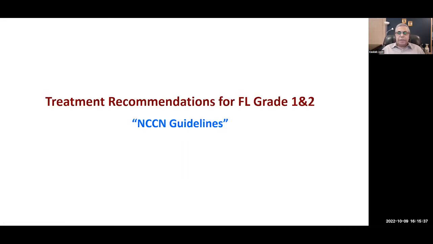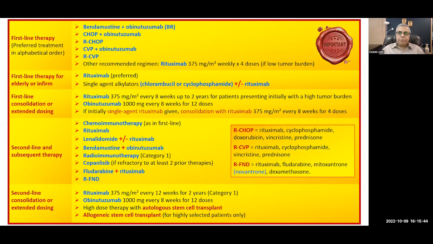Now, treatment recommendations for follicular lymphoma, grade 1, grade 2. Again, this is a quick review. And again, this is a table which gives you all the treatment options for first-line therapy, for elderly or infirm patients, first-line consolidation or extended dose therapy, second-line and subsequent therapies, second-line consolidation or extended dose therapy.